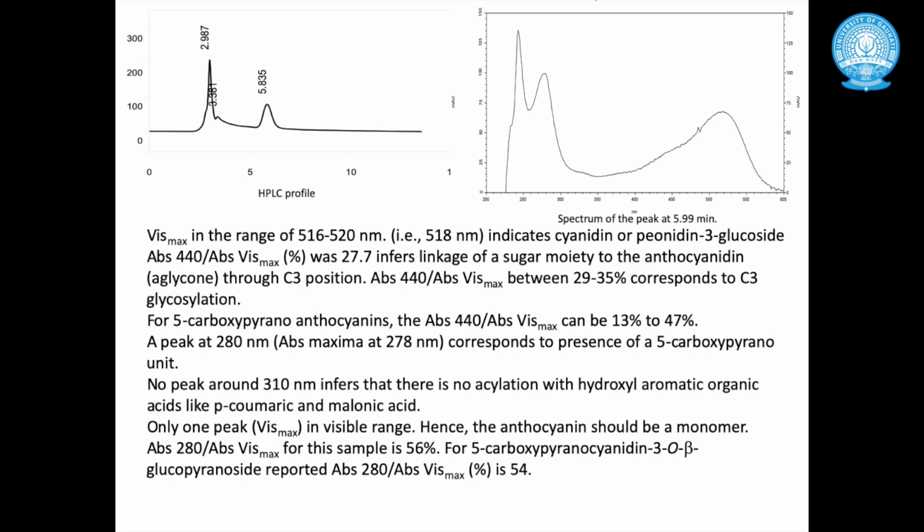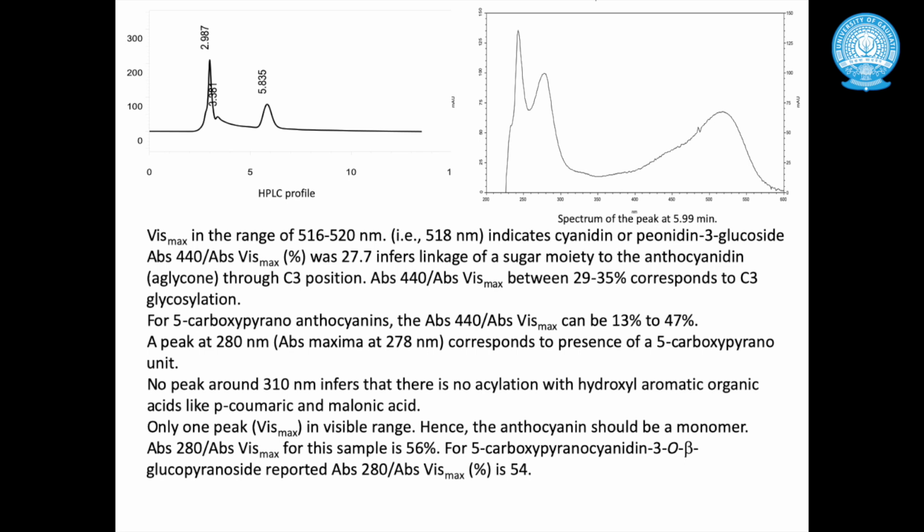And what we see here is a wavelength scan from 200 to 600 nanometers, and here we see an absorption in the visible range that is around 526, where there is the lambda max of the compound which is represented by this peak on the left top panel HPLC profile at 5.835 minutes of retention time.